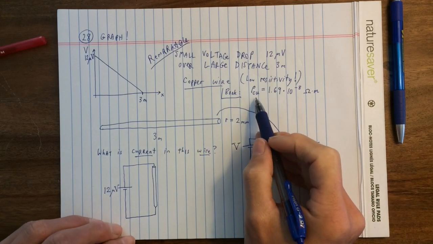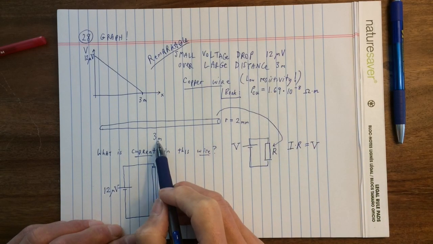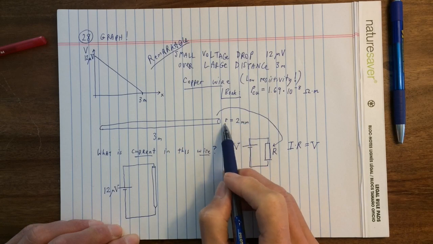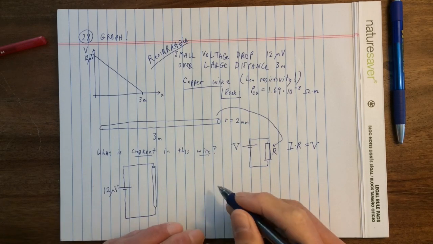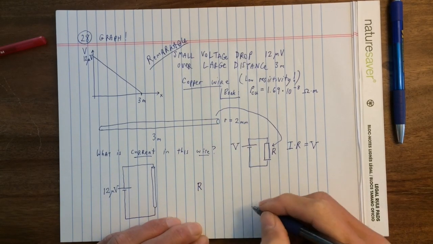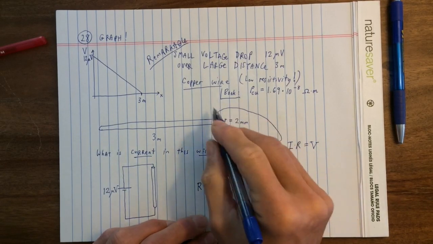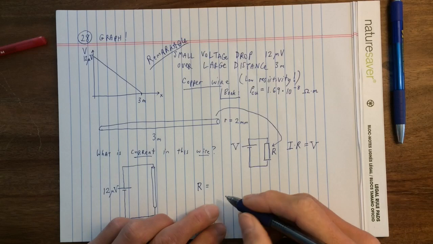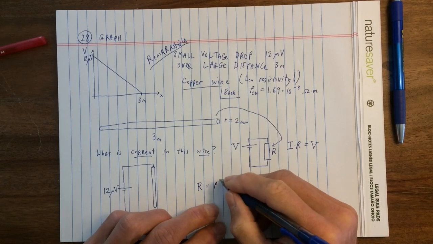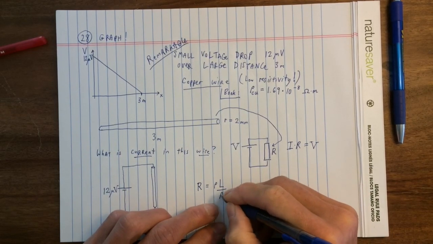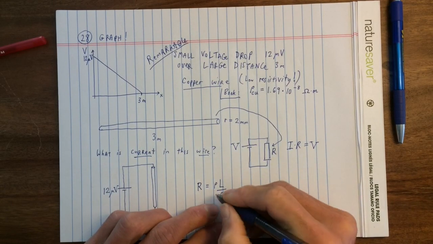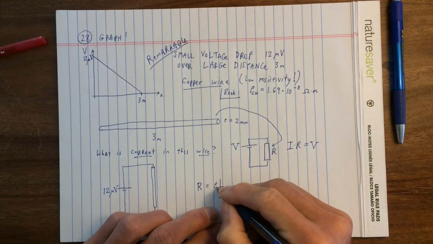I've got resistivity, I've got length, I've got the ingredients for an area, and I know that the macroscopic resistance, if I know details like the length and the area, it's rho times the length divided by the area, like this. So I'm talking about copper.